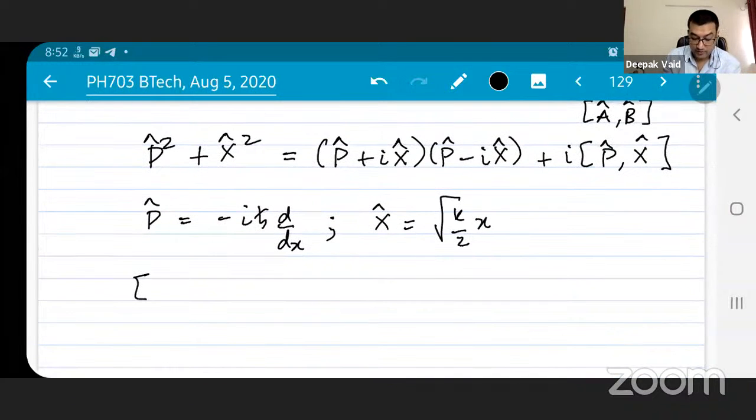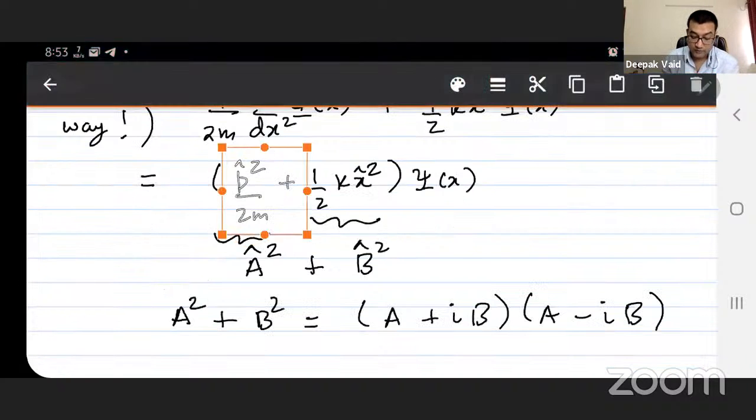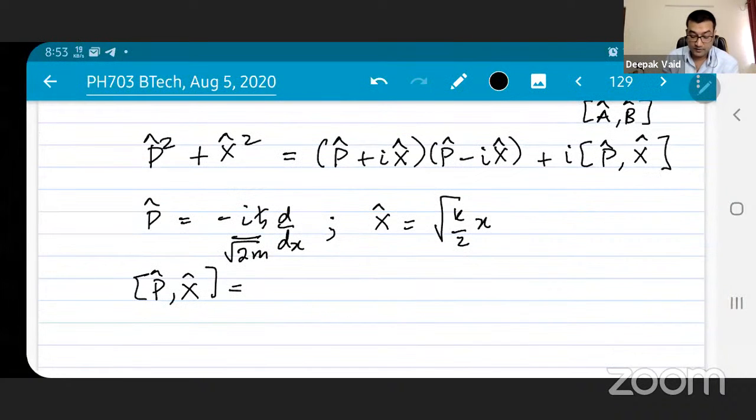So what is the commutator of these two, capital P and capital X? Capital P is minus i h bar, and then there is a root 2m. I'm talking about the square root of this whole thing, so it will have a root 2m in the denominator.